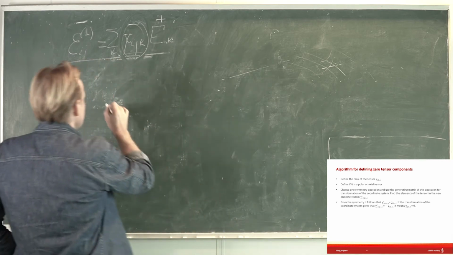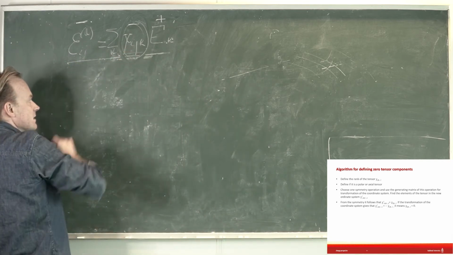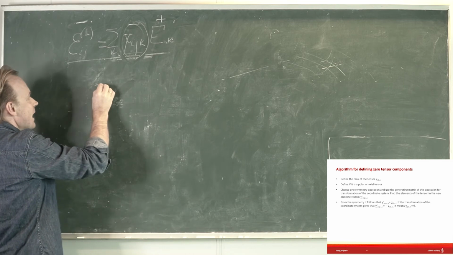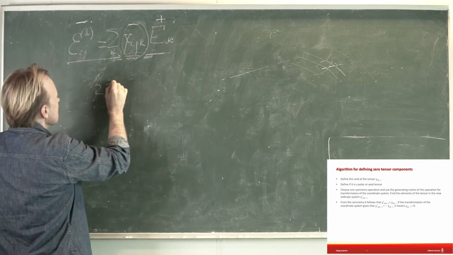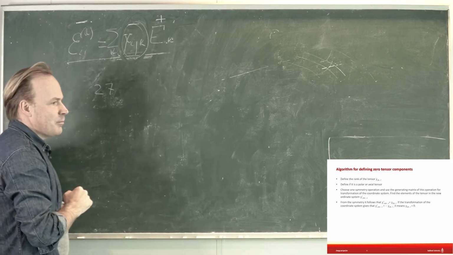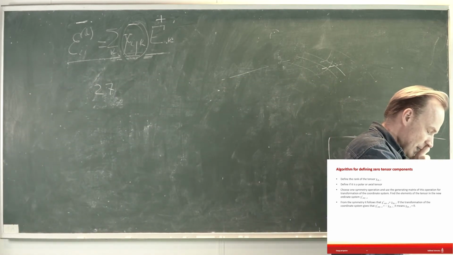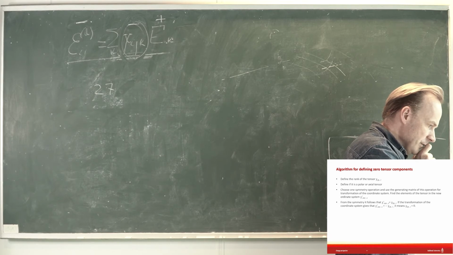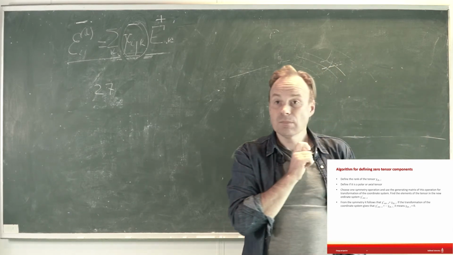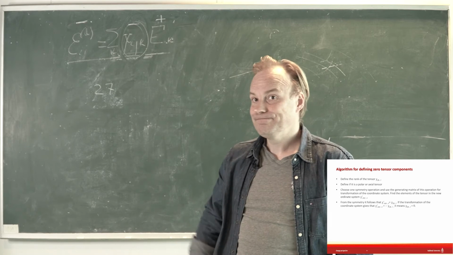So if you start with just this tensor, it will have 27 independent components. However, not all of them are non-zero.